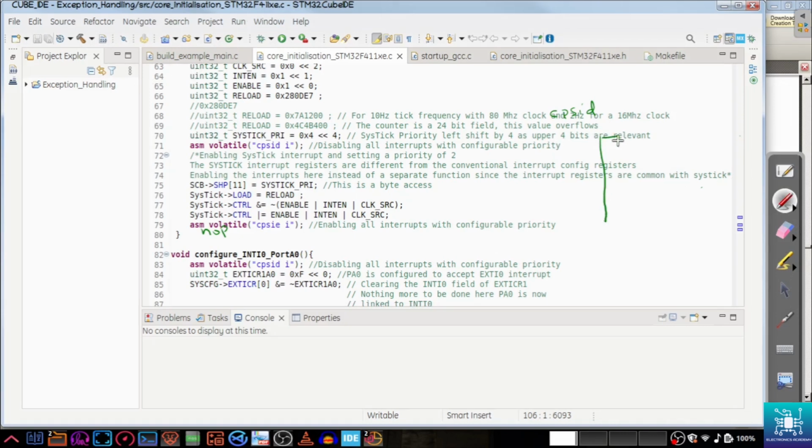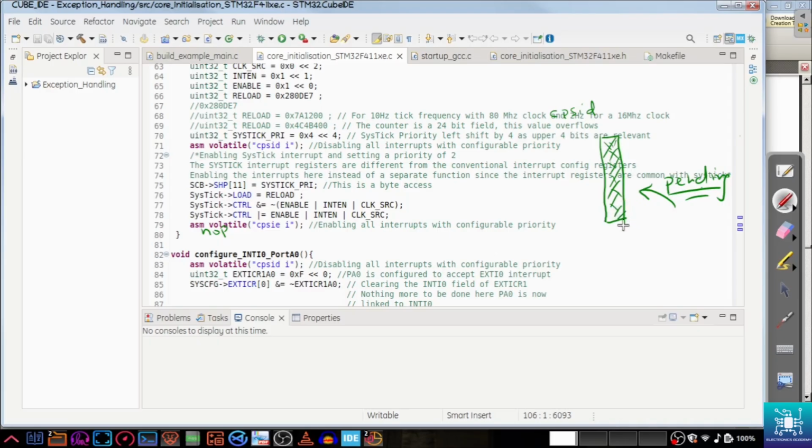This is the timeline within which no interrupt should occur. But say an interrupt came in and it went into the pending state. Of course, it will not be executed, but it will go into the pending state. Even though interrupts are disabled, it can still go into the pending state.